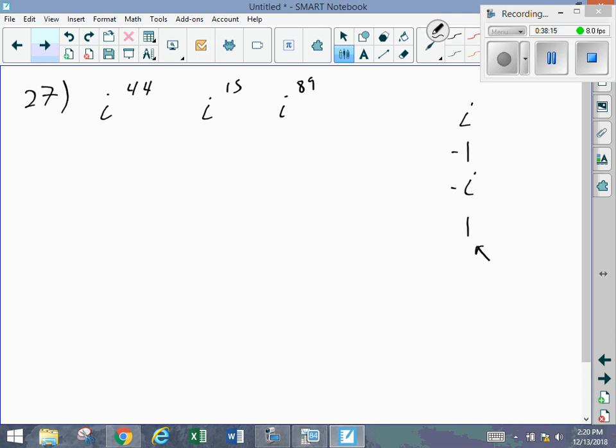For instance, 44 divided by 4 is 11. No remainder, right? So that means that's 1. Watch the pattern. 15 divided by 4 is 3 with a remainder of 3. So I go 1, 2, 3.